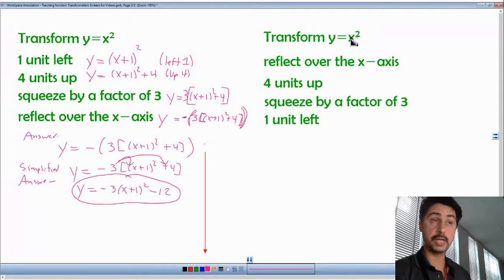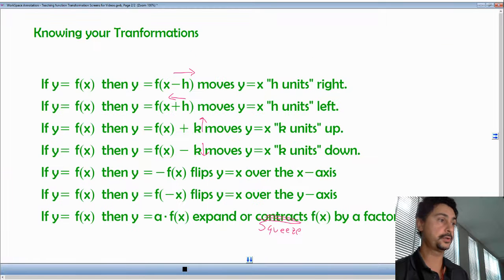Now, let me show you how it changes on this one. This time, we write what we're supposed to over again. It says reflect over the x-axis. Let me go back, show you again. Reflecting over an x-axis is putting a minus sign in front of what we wrote before.